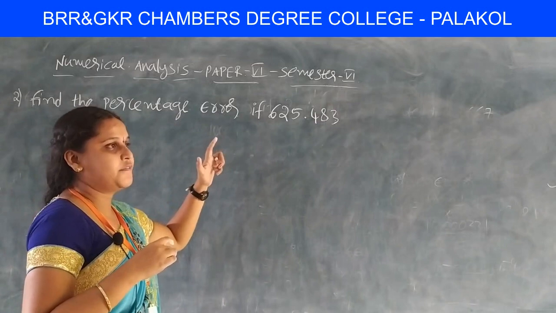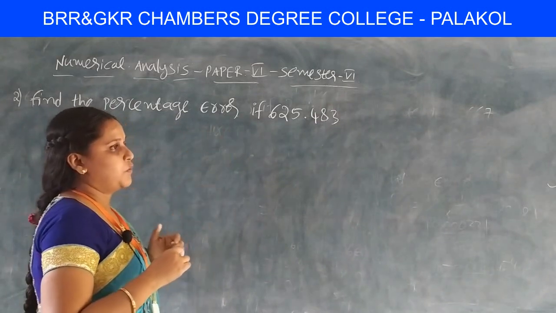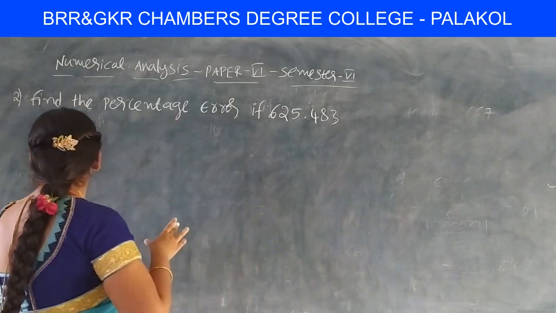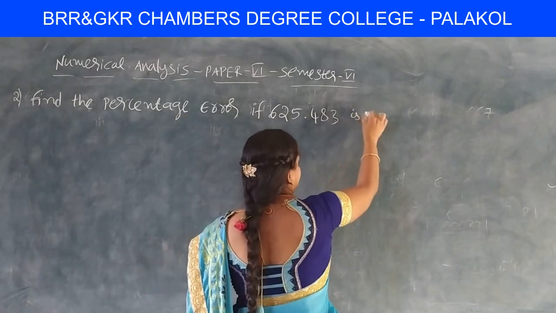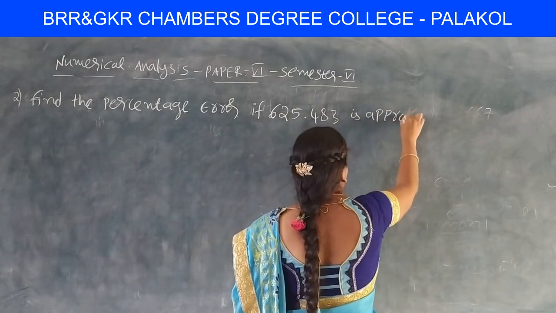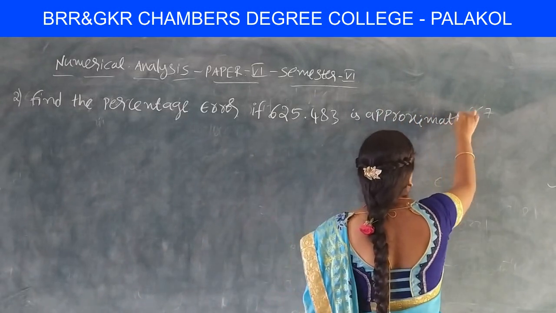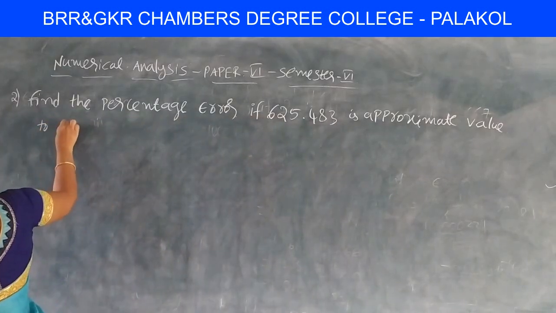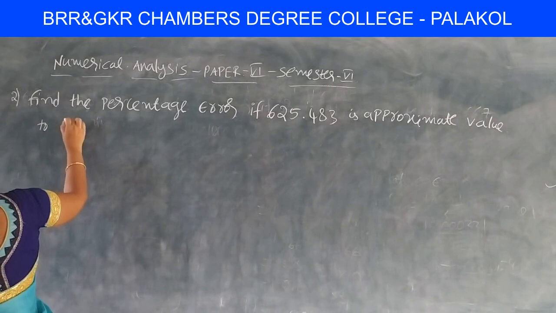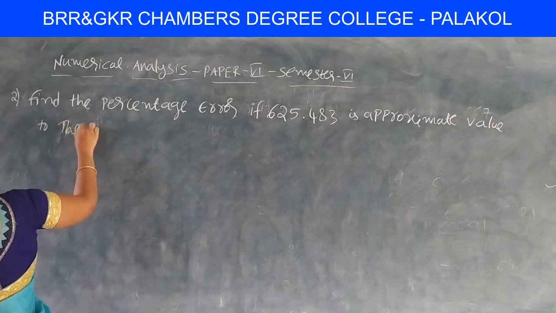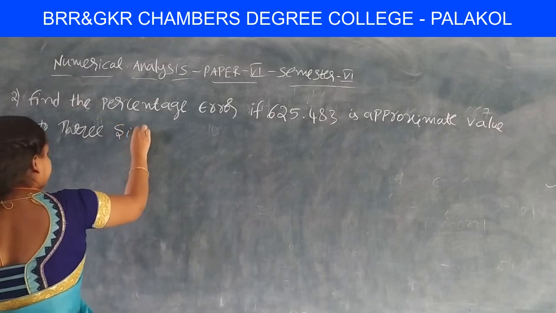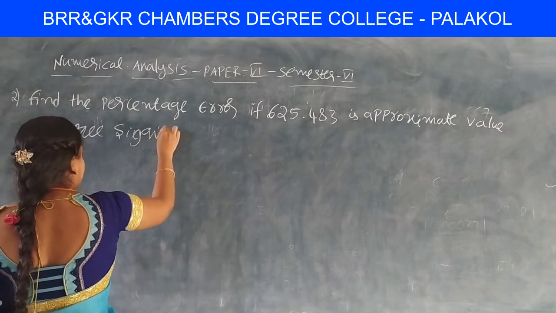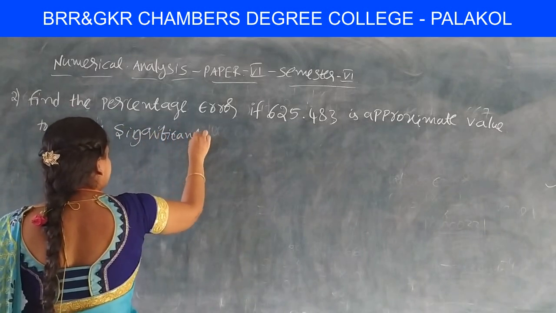The percentage error is required for 625.483, where the approximate value is to 3 significant digits.